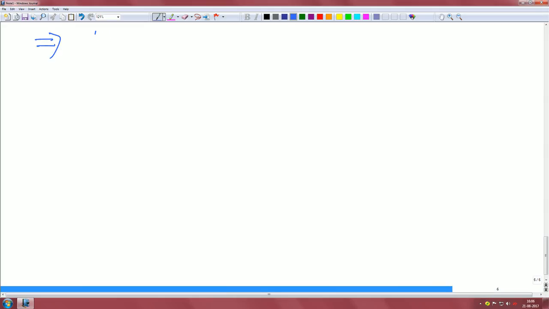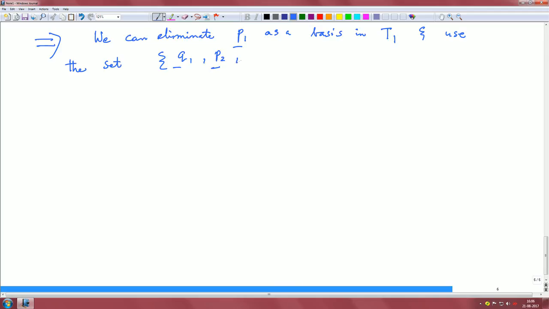So, this implies we can eliminate P1 as a basis in T1 and use this set Q1, P2, and so on till Pm as a basis.